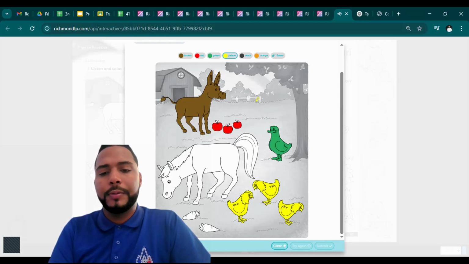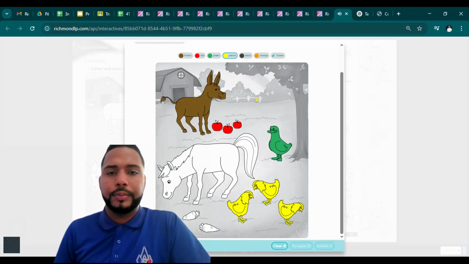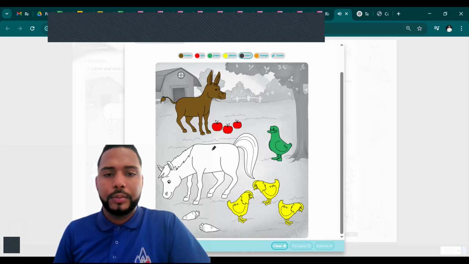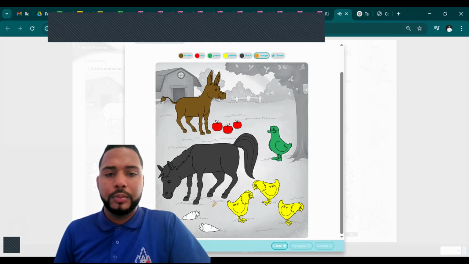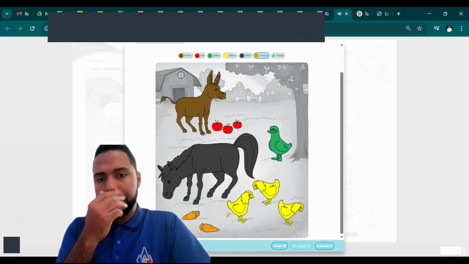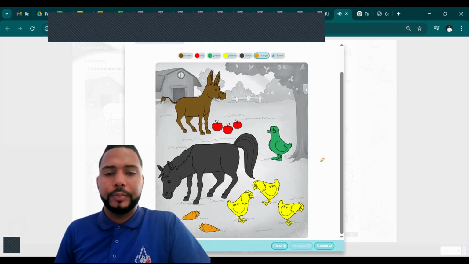Yes, I can. Color the horse black and the carrots orange. Okay. Very good.